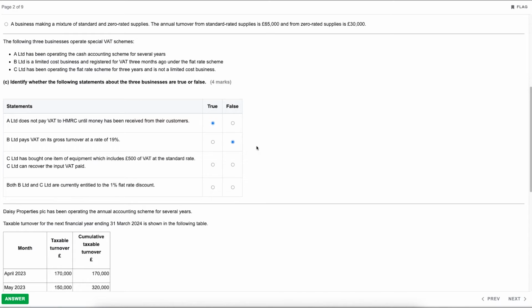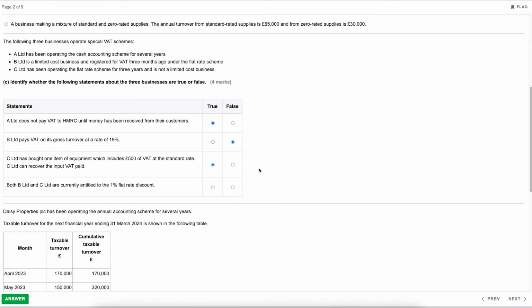So anything which has VAT higher than that, we can safely assume that the piece of equipment is over £2,000, including VAT. So in this scenario, it states that this piece of equipment has £500 worth of VAT at the standard rate. So we can safely assume that that asset is more than £2,000, including VAT, and therefore they can recover the input VAT.